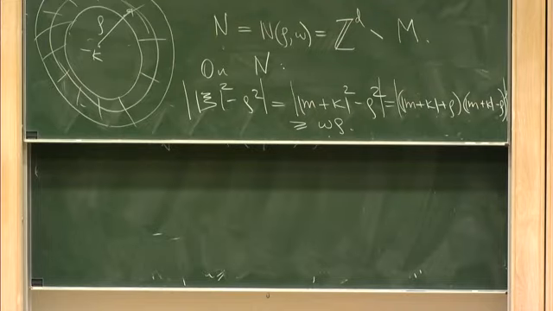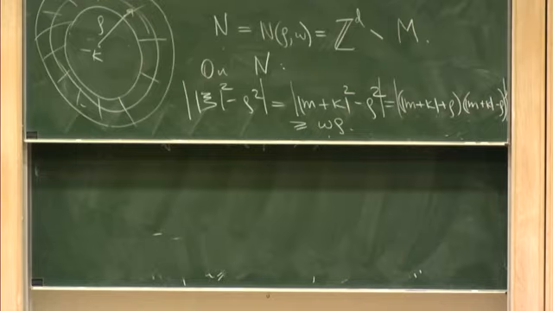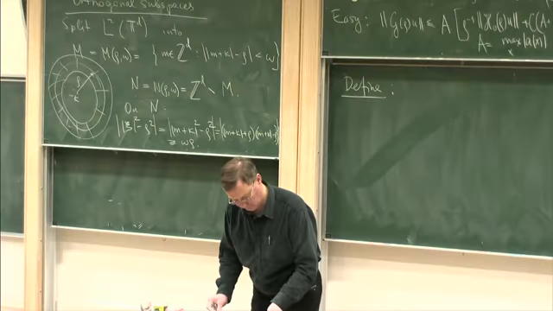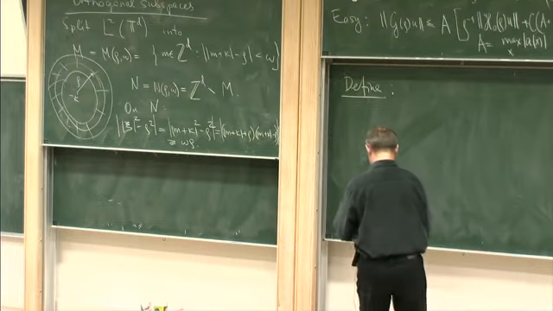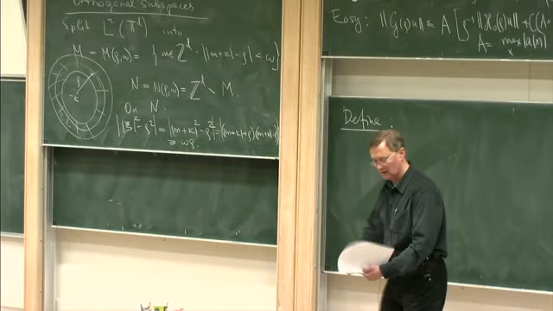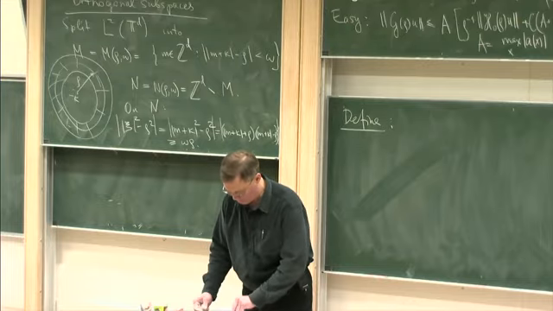And here I want to show you that on this subspace we can actually reduce the operator to something one-dimensional. The magnetic operator to something one-dimensional. And I will define this one-dimensional object straight away. Hang on.